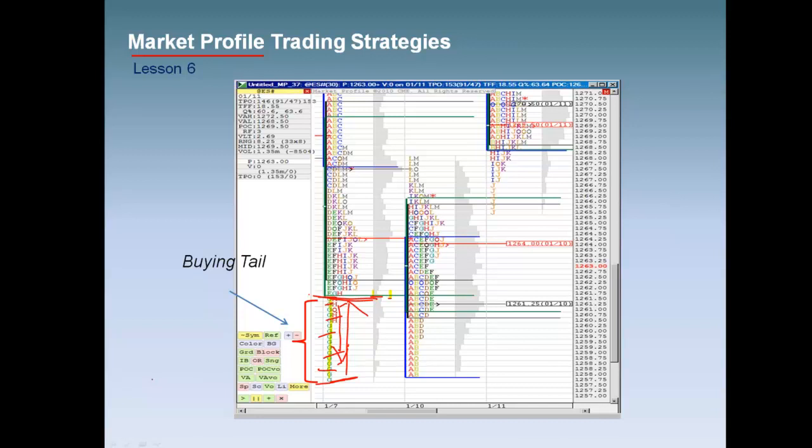The first is to take a look at the period that follows immediately after the first period that broke through the value area, and see how prices reacted to that break of the value area. And if you notice, in this case, period H brought us back closer to the value area, and in fact it moved right back into the value area.